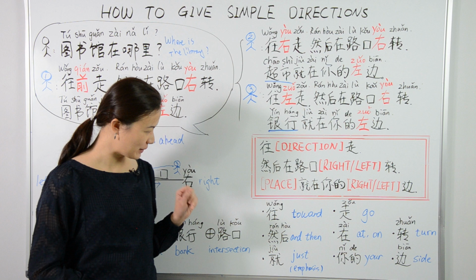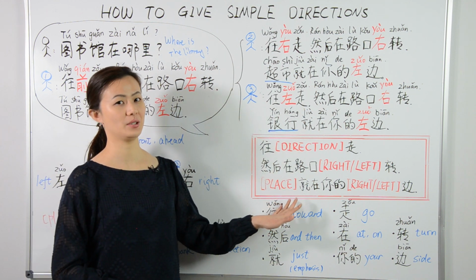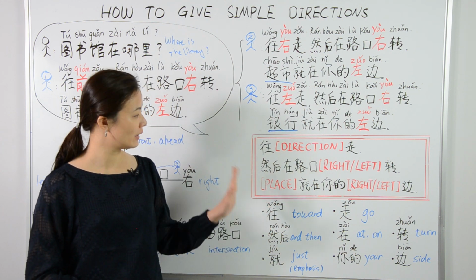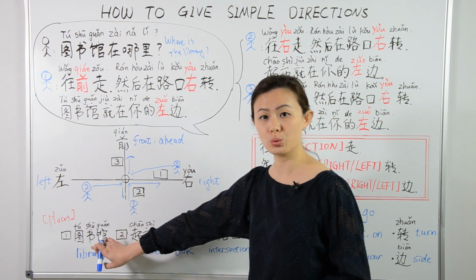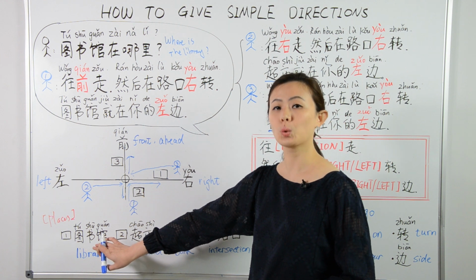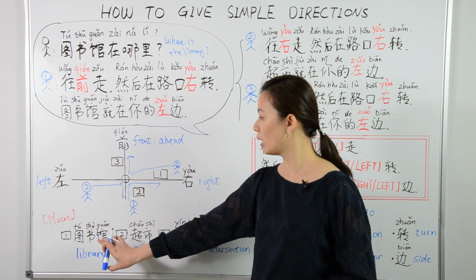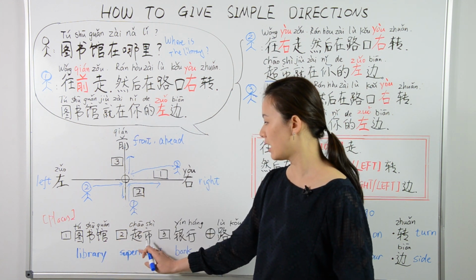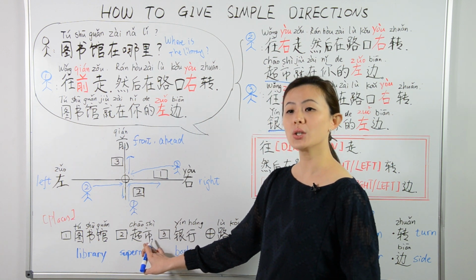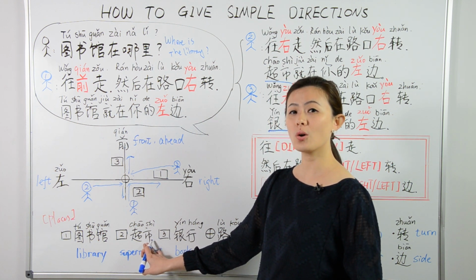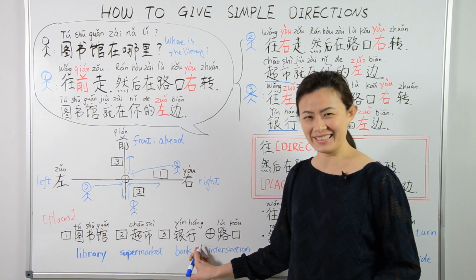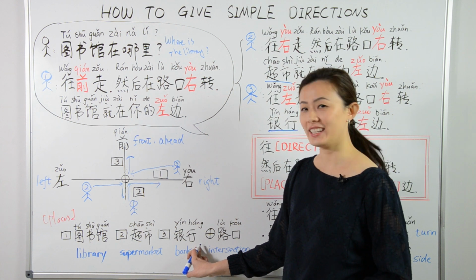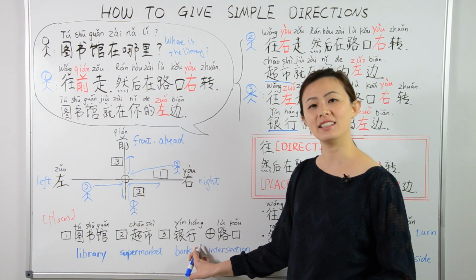The third part, the place you're looking for. In our lesson, we've talked about 图书馆, library, and 超市, supermarket, and 银行, bank.